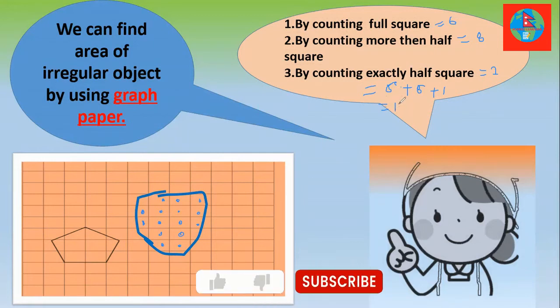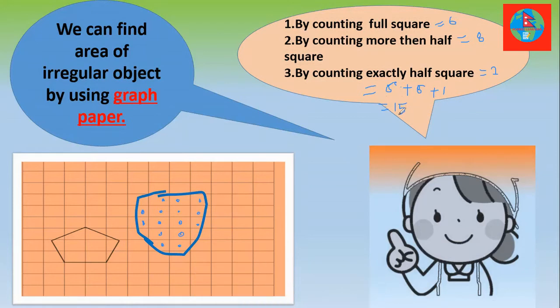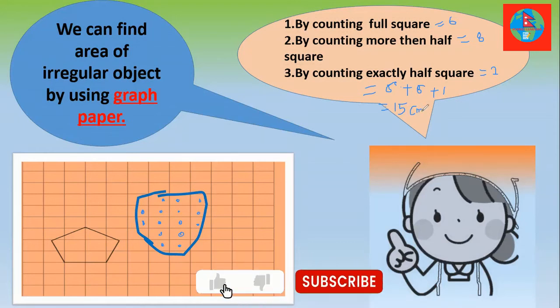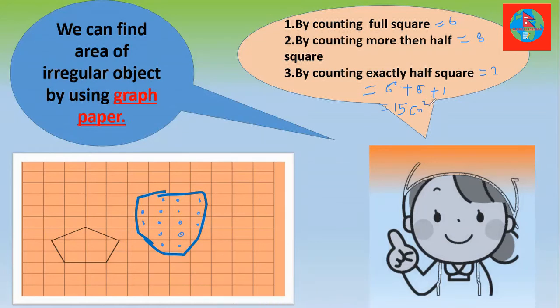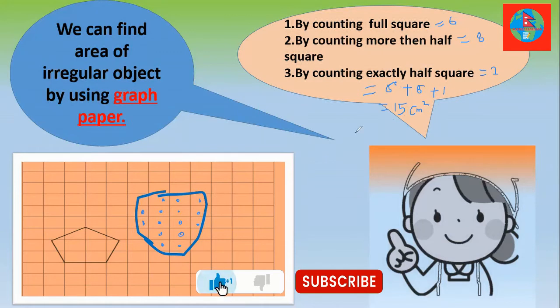Yes, here is 15. Now, what is the unit of the area? cm square. Okay, this is how we find area of the irregular objects.